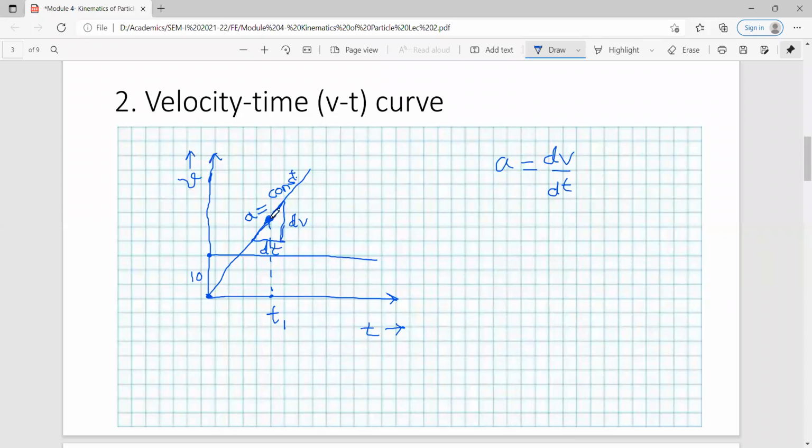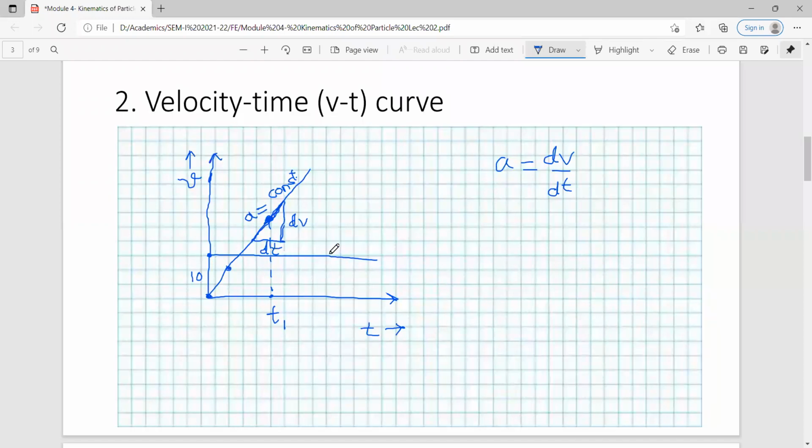So it is the acceleration at this point, but acceleration is constant. So you take any point, draw a tangent and measure the slope of it, you will find that dv upon dt will come as constant. Okay, so it is the particular case.